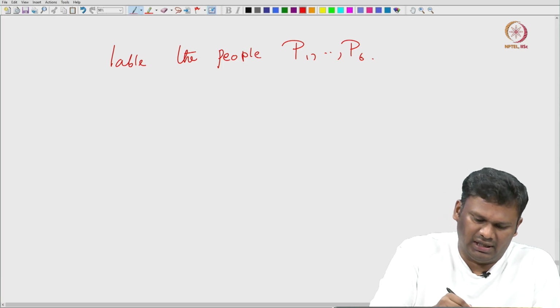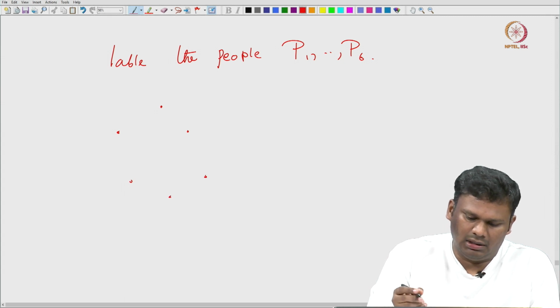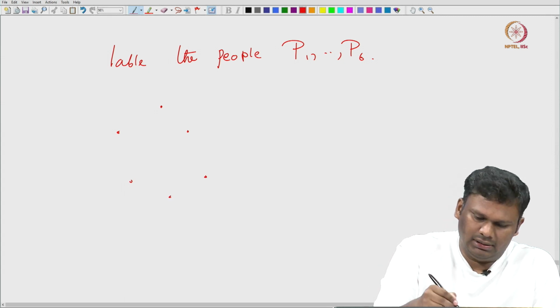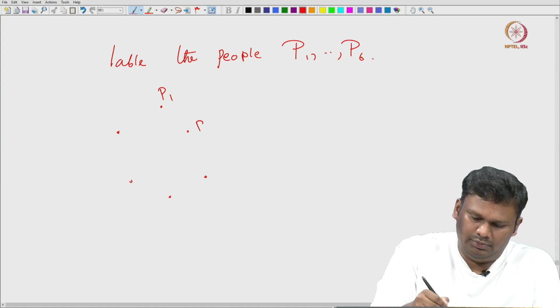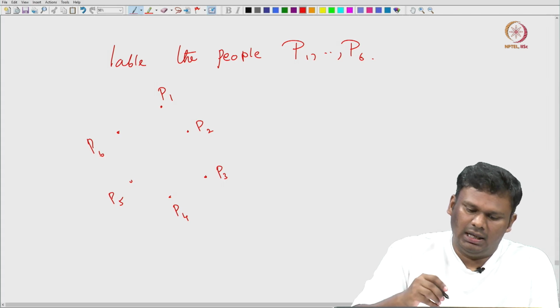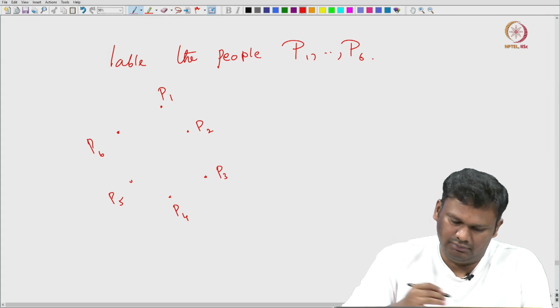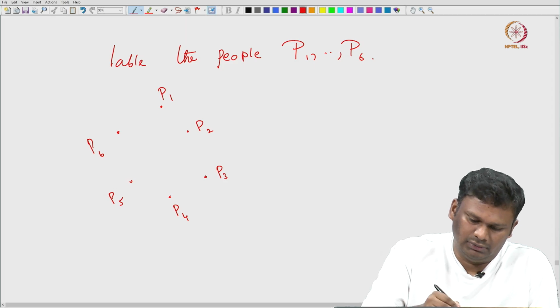That means we have 6 vertices, let us call them P1, P2, P3, P4, P5 and P6, and then we just draw edges between any two different people, whether they know each other or not does not matter.